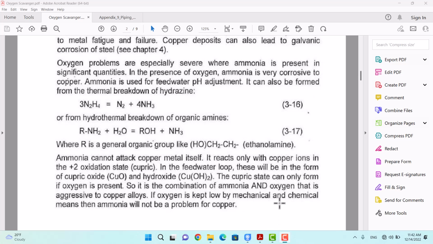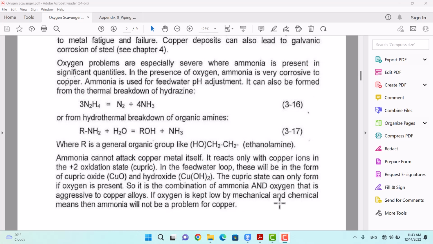So the presence of ammonia, oxygen, and copper can be aggressive and can destroy copper alloys. But remember, if we don't have an adequate amount of oxygen in the systems, this reaction is not going to happen, and it's not going to have negative impacts on the copper alloys.